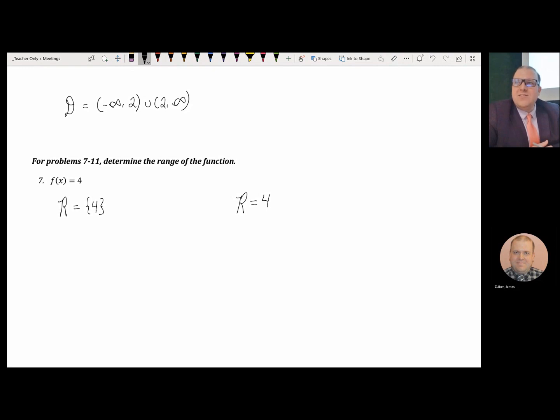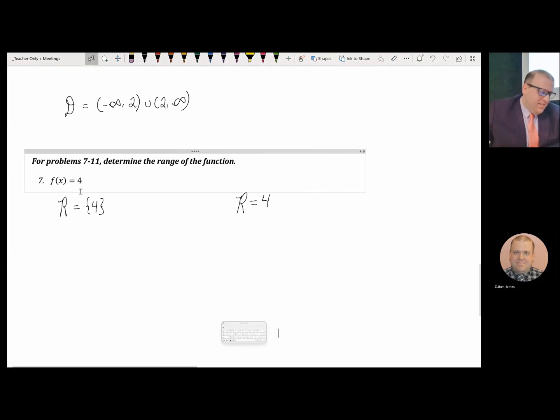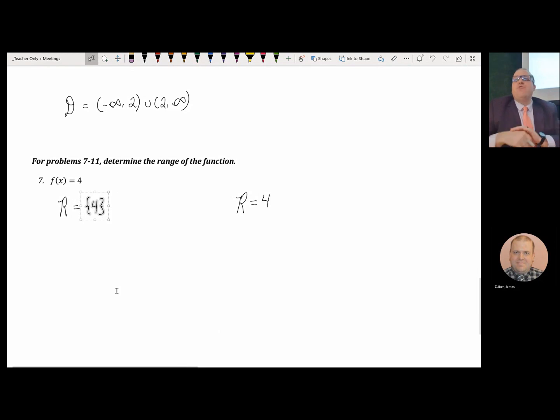It's the set of 4. Putting a little R there makes a difference. It has to be this because range is a set. If I was looking for just a single value, then you could write this, right? But because you're looking for range, you have to write it as a set because that's what range is.